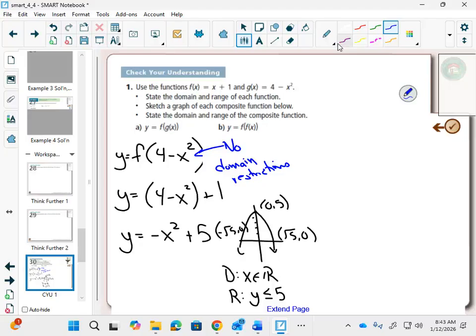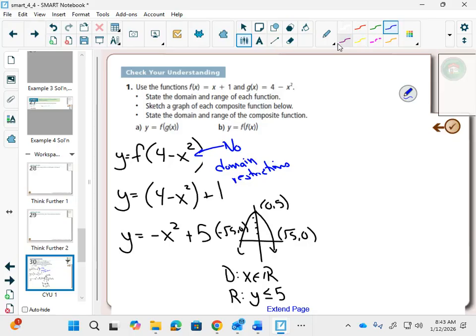For example, you can't square root negative numbers. And sometimes there'll be a square root early, and then you square it later and it goes away, and you feel like your final equation has no domain restrictions, but there was one earlier. So sometimes we're going to need to check early on, when we're doing our function at the beginning, that there were no domain restrictions. This one didn't have that as a case.